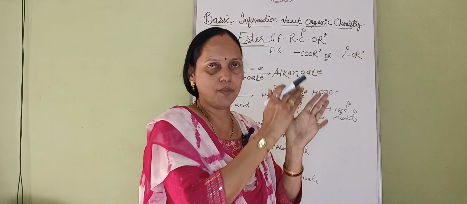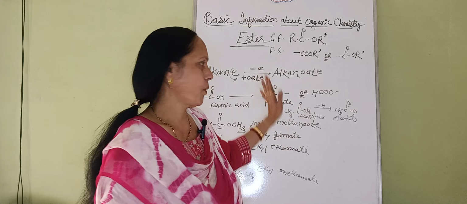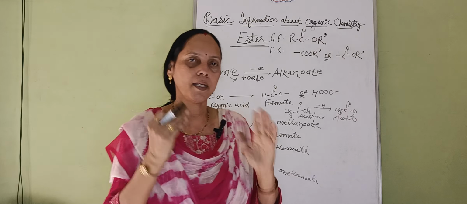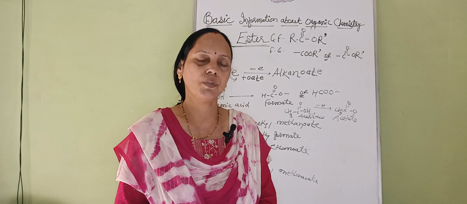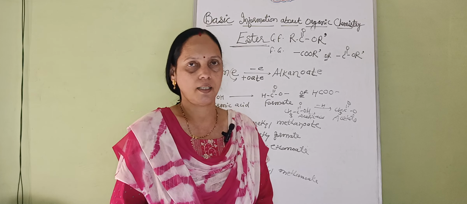Whatever number of carbons is there, we need to count and complete the nomenclature. In our next videos, we will study in detail how to write the naming system for such compounds. Thank you.